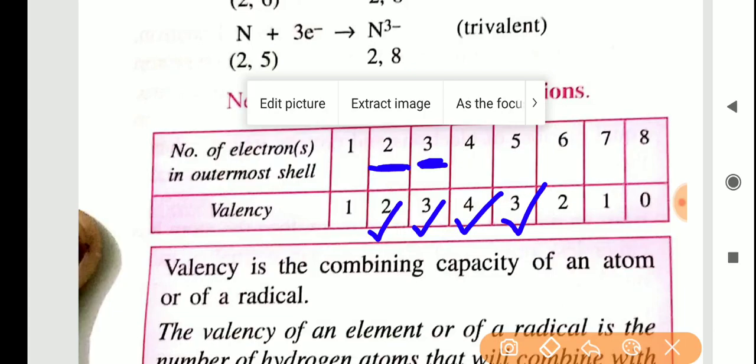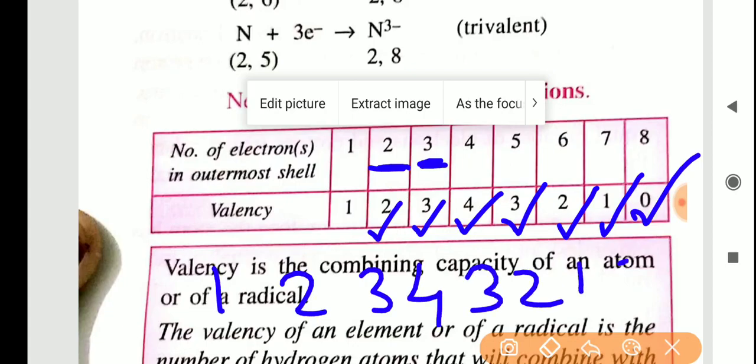If it has 6 electrons, it needs 2 more, so it will gain 2 electrons and the valency will be 2. If it has 7 electrons, it needs only 1 more, so the valency will be 1. If there are 8 electrons, it is complete and stable, so its valency will be 0. So the valency goes like 1, 2, 3, 4, 3, 2, 1, 0.